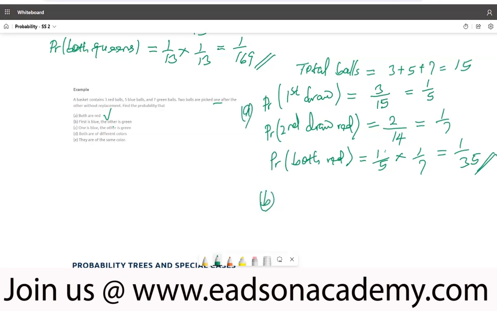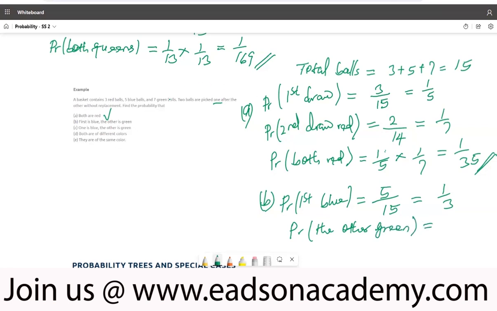Question B, say first is blue, the other is green. Probability that first is blue: how many blue do you have? 5 blue over 15 total, which is 1 over 3. Then the probability that the second, which is the other, is blue, or green rather. The other is green. How many green do we have? 7.